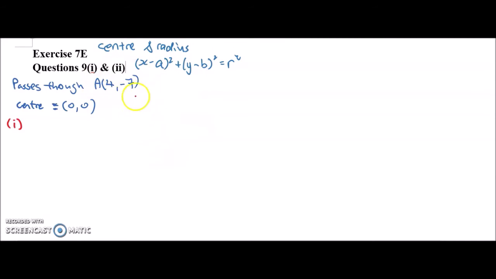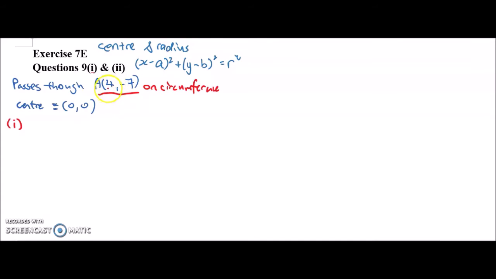So if the graph passes through this point A, that means this point is on the circumference of our circular graph that the question is describing.